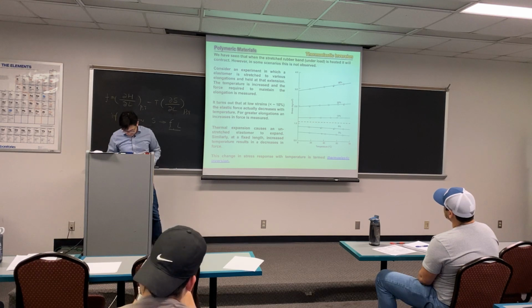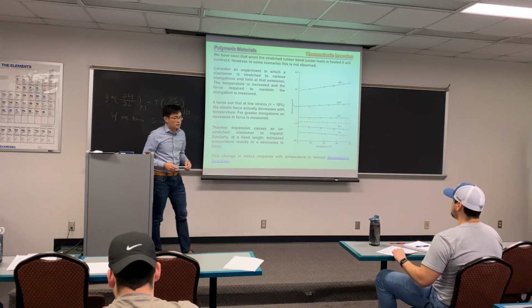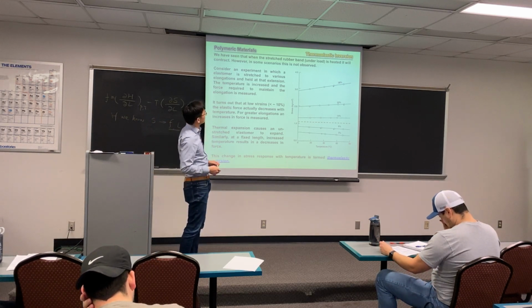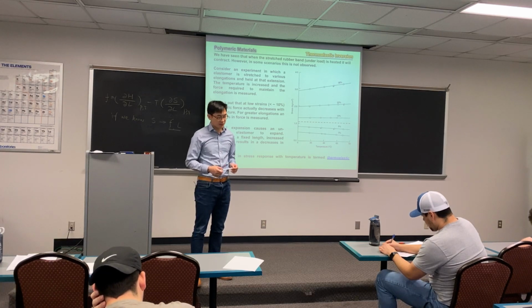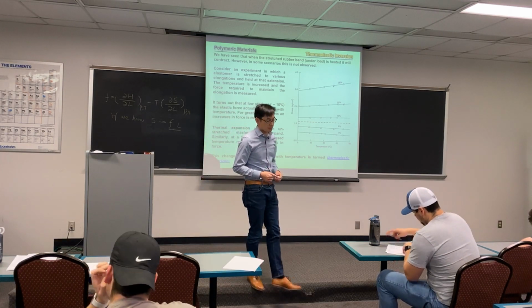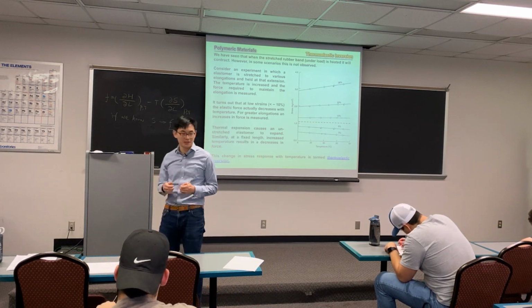Okay, this slide we'll talk about a concept called thermoelastic inversion. This is something a lot of professors like to talk about in rubber elasticity. They like to do a demonstration and ask a student to follow it.